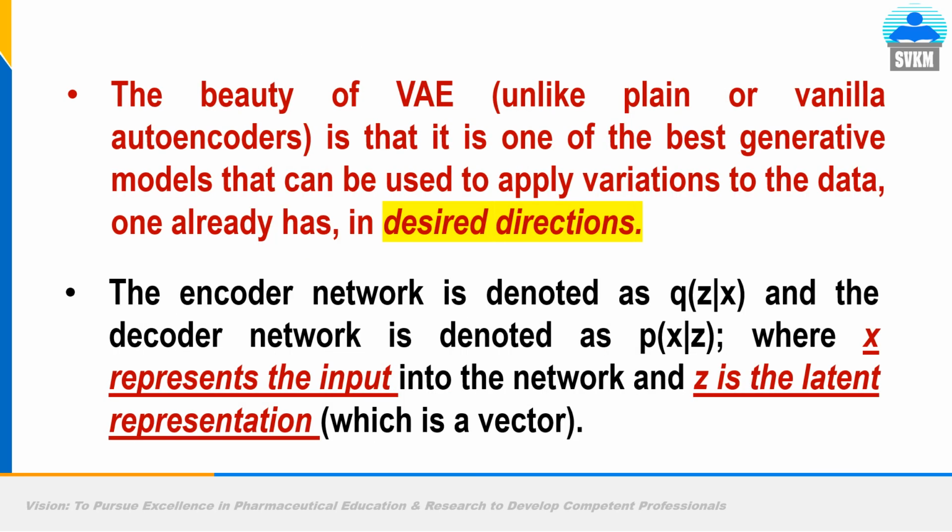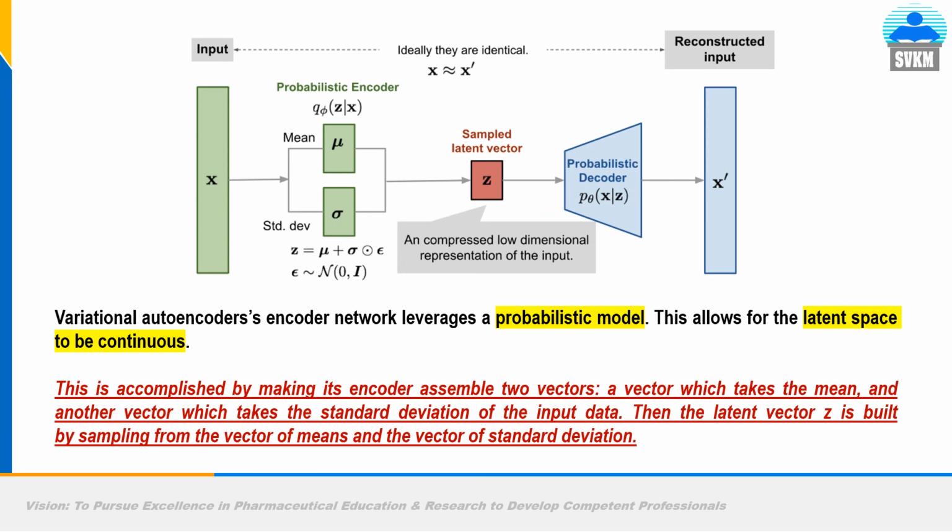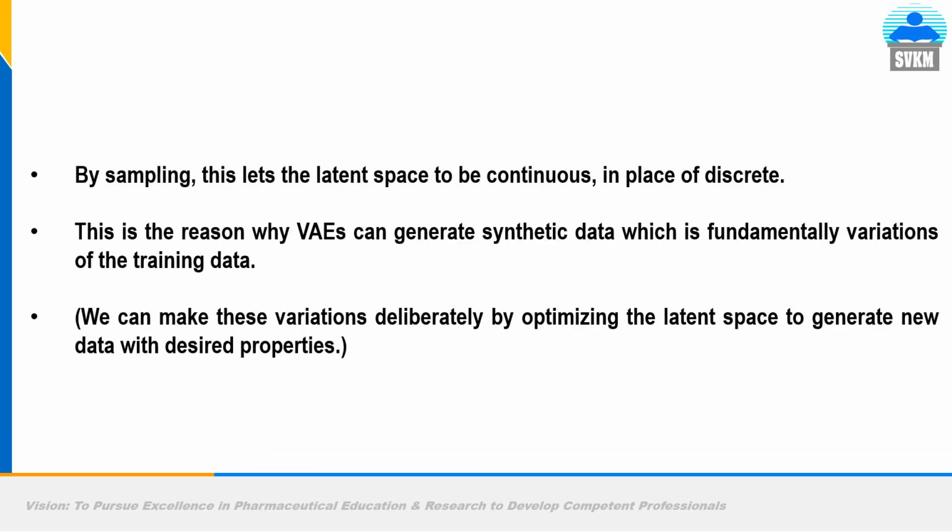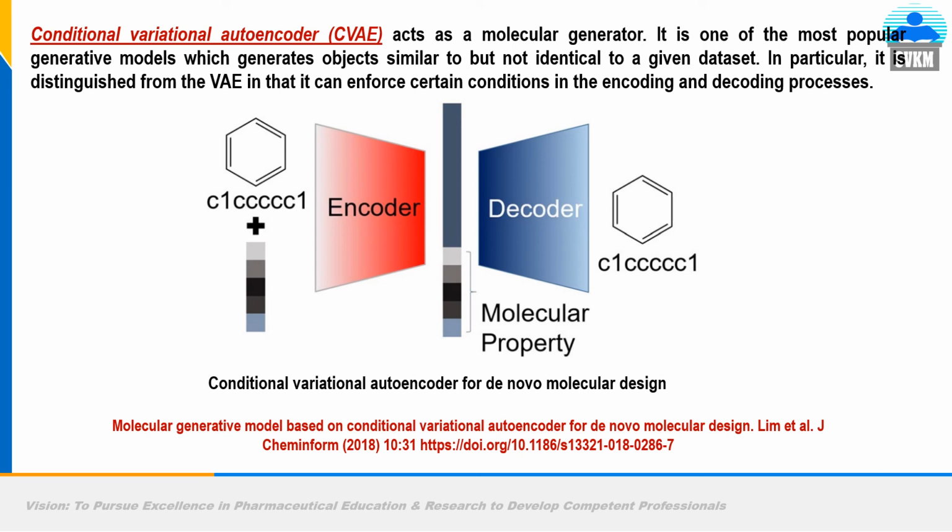So already we have seen the beauty of the variational autoencoder: it is one of the best generative models that can be used to apply variation to the data one already has in a desired direction. The same structure I have taken from another paper. Another example: this is a conditional autoencoder. This is a structure.